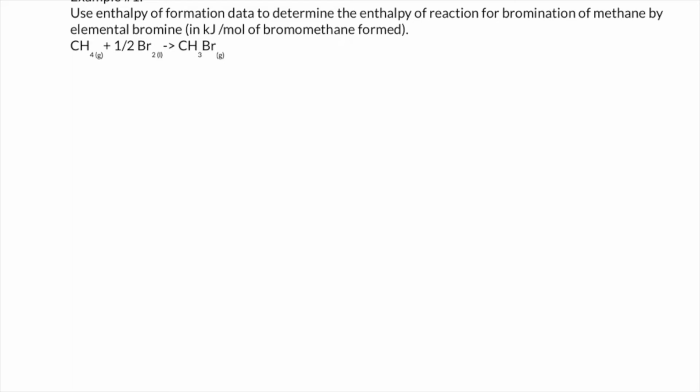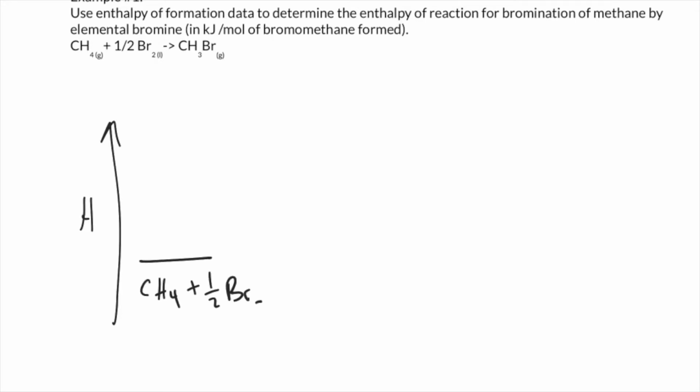Okay, so if we draw this out, I can put my reactants, and it doesn't really matter where you put these lines. You could put them lower or higher. I'm going to put my reactants and my products. And then on the top at the highest energy, I'm going to put my elements, right?